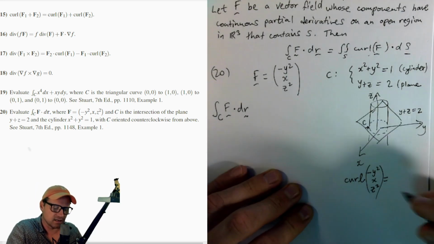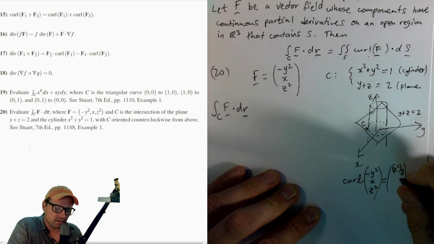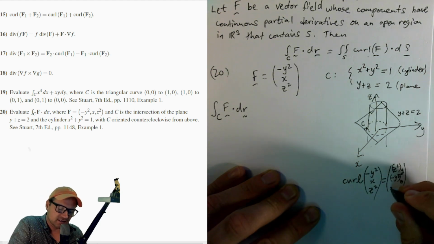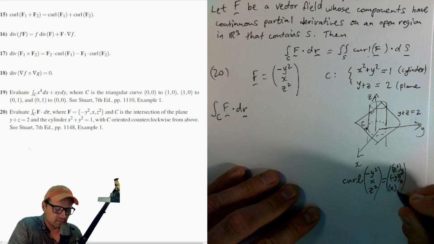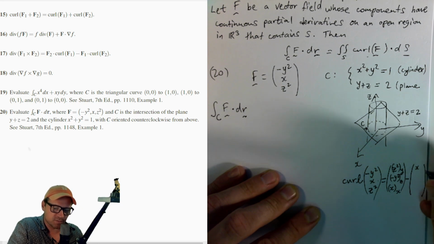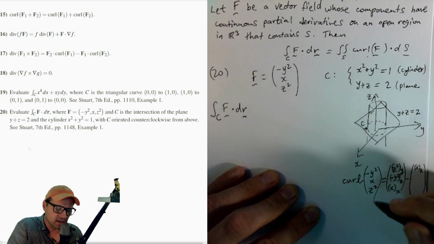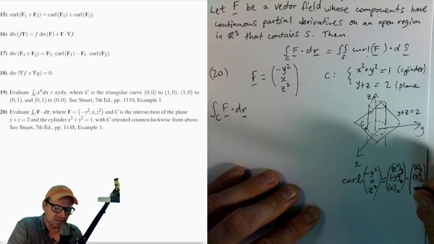And so this is z squared differentiated with respect to y partially. Then we have minus y squared differentiated with respect to z partially. And we have x differentiated with respect to x partially. And we subtract the derivative of x with respect to z partially, then z squared differentiated with respect to x partially, and minus y squared differentiated with respect to y partially.